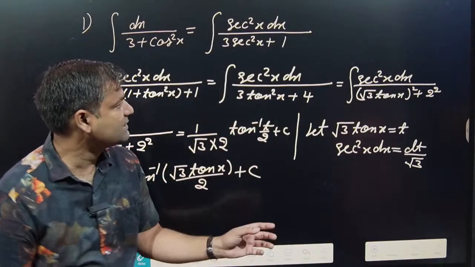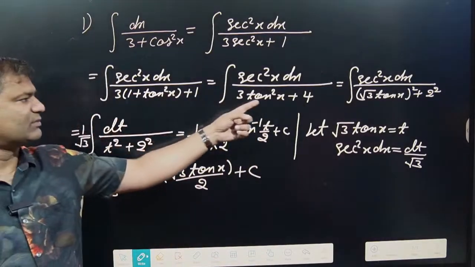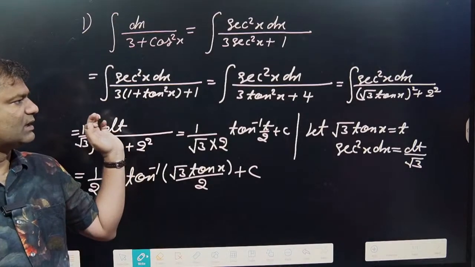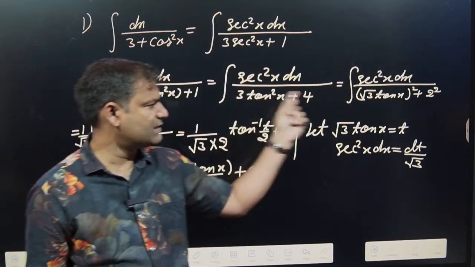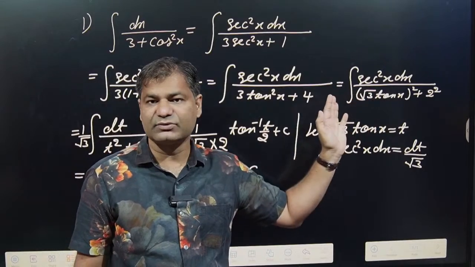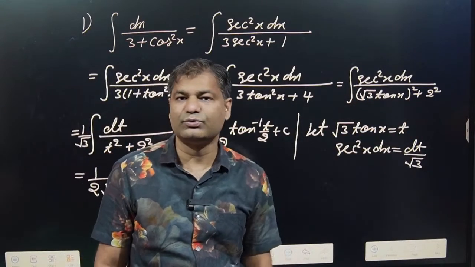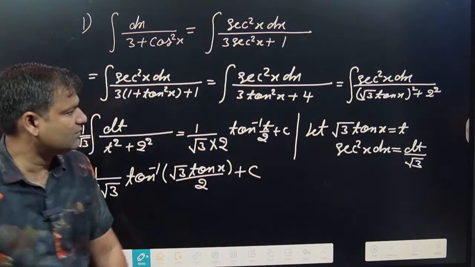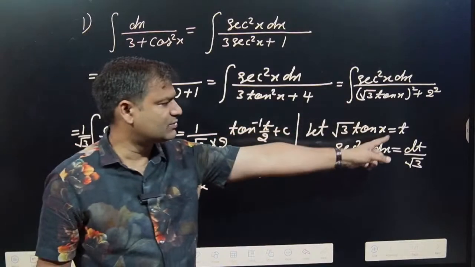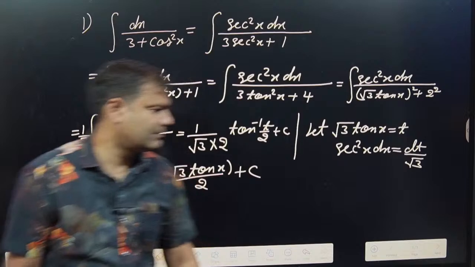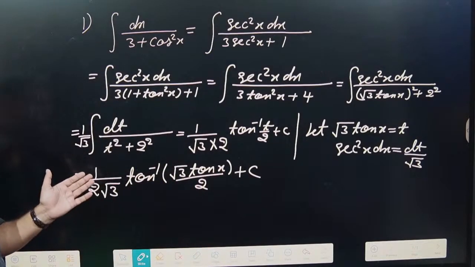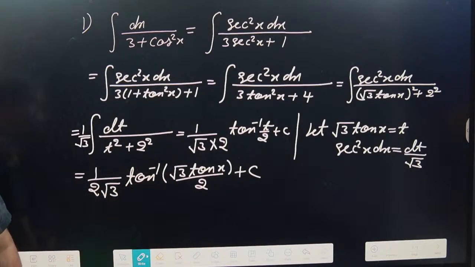After that, very simple, sec square x is converted to 1 plus tan square x, and the next target is root 3 into tan x the whole square, and 4 is also written as 2 to the whole square. After that, this part is taken as t, so sec square x dx is replaced by dt by root 3. So put in that value and we get the final answer.